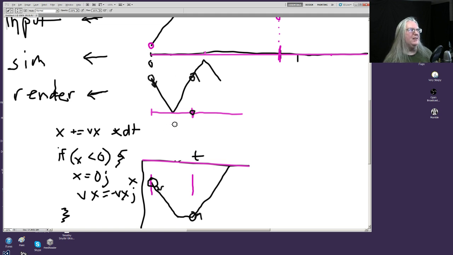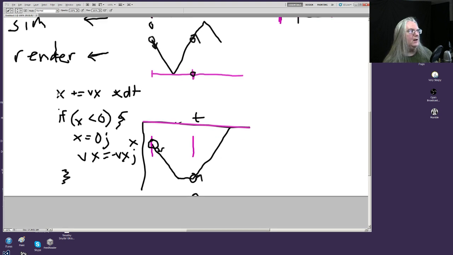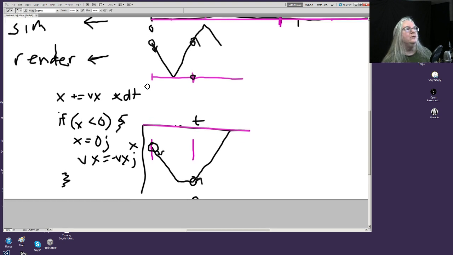And as I was saying in the Twitter discussion, the way I actually do that is by running this block of code twice. I run it from here to here, and I run it from here to here.